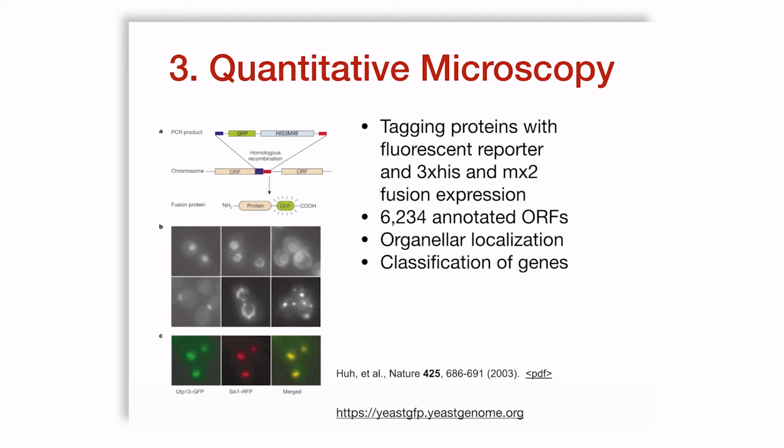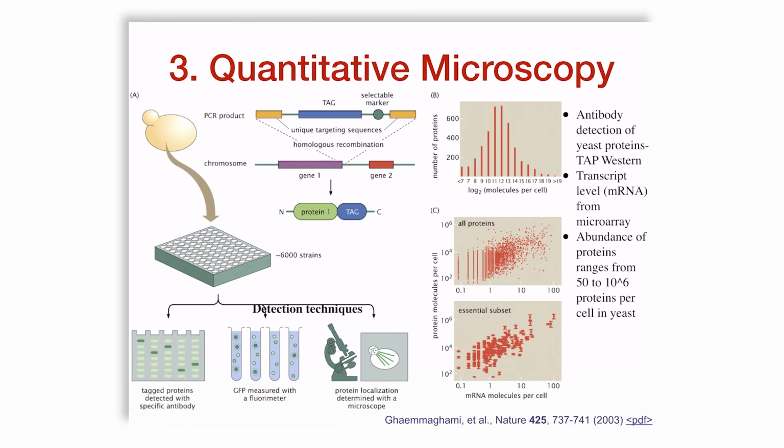You can see more about yeast genome engineering and quantitative microscopy on this website, yeastgfp.yeastgenome.org. This kind of tagging, besides giving you a qualitative picture of where things are localized, can also give you a quantitative picture.